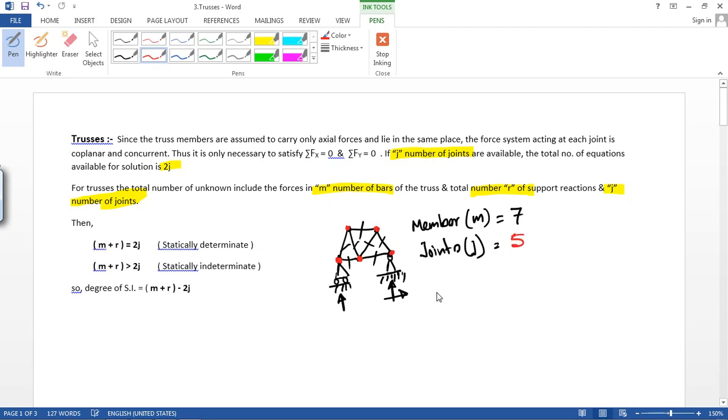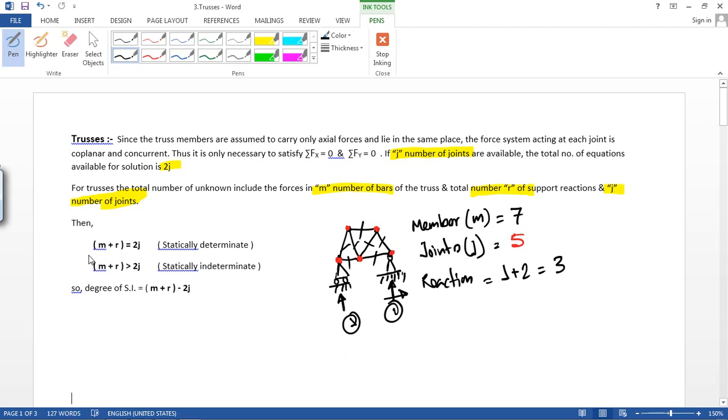The number of joints is 5, and the reactions are 1 and 2, so 1 plus 2 is equal to 3.